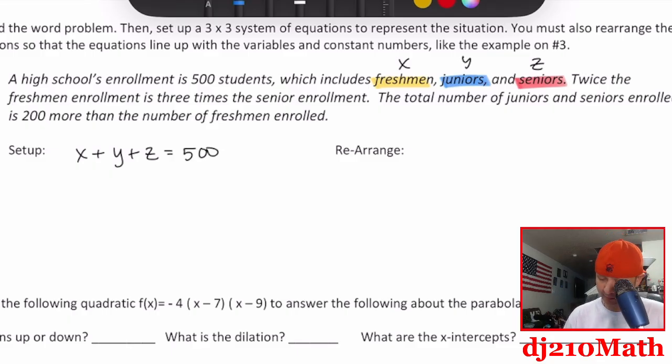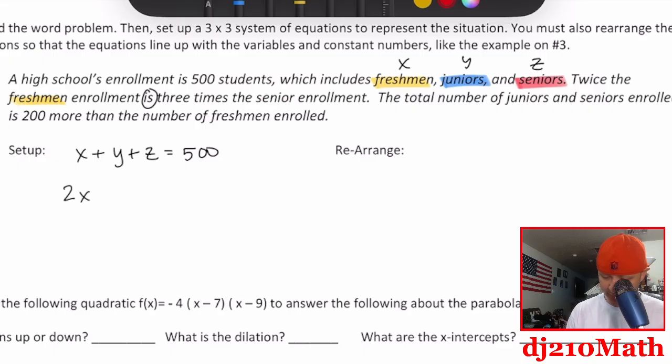Okay, now twice the freshman enrollment. Twice means double. So 2 times whatever a freshman is, which is X. Is, that's a key word. That means equals. Is what? 3 times the senior.